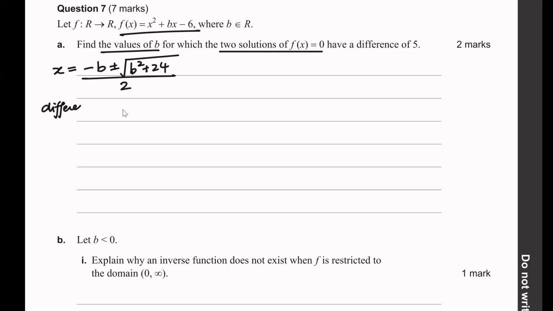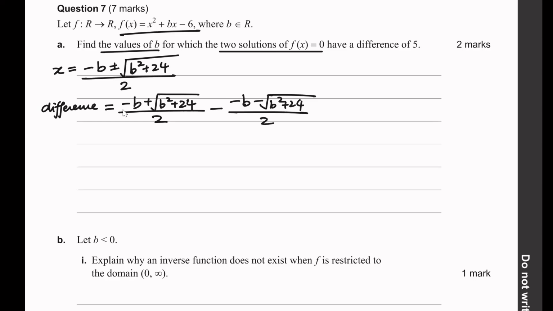Difference is equal to, let's take the larger one, subtracting the smaller one. Be aware of the plus or minuses, okay?